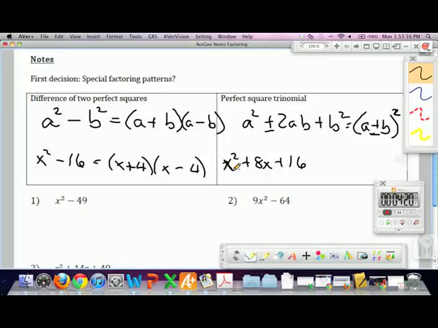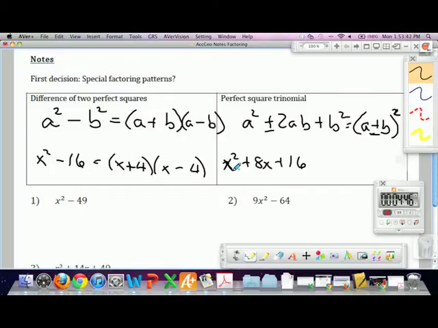Is the last one added as well? Yeah, this is addition. Then I find the square root of either end: x, and the square root of 16 is 4. If I multiply those together and then double it, 2ab, x times 4 is 4x, double is 8x. Yeah, this fits this pattern. This is a perfect square trinomial.